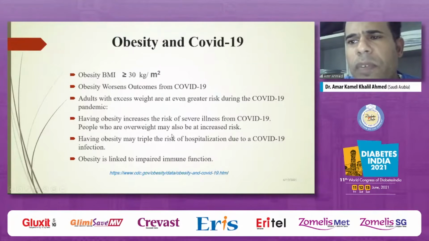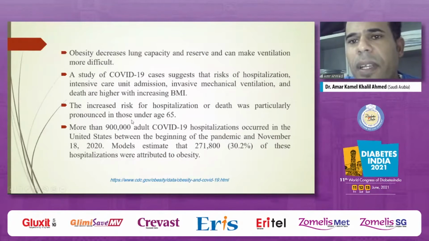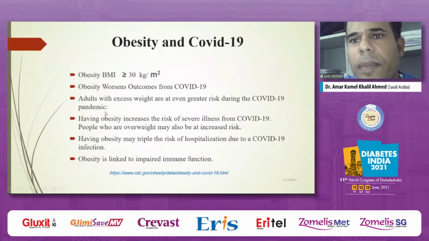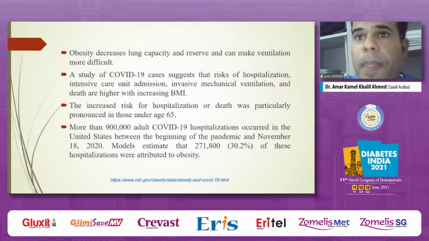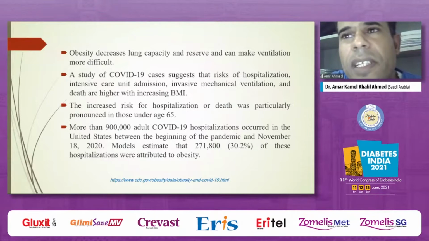People who are overweight may also be at increased risk. Having obesity may triple the risk of hospitalization due to COVID-19. Obesity is linked to impaired immune function. Obesity decreases lung capacity and reserve and can make ventilation more difficult.